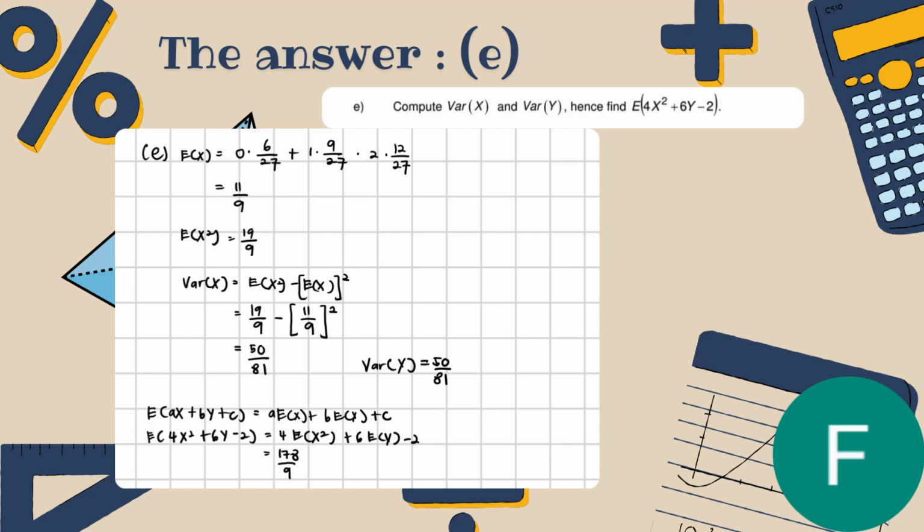Finally, to find the expected value of 4x squared plus 6y minus 2, I use the linearity of expectation. Expected value of 4x squared plus 6y minus 2 equals 4 times expected value of x squared plus 6 times expected value of y minus 2. After substitution and simplification, the final answer is 178 over 9.